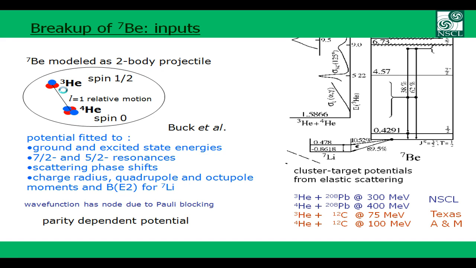As I pointed out, typically the cluster target optical potentials are taken from elastic scattering. And very often they may not be available for the case you're interested in, and so you then have to make informed choices of what you're going to do. I need an optical potential for, let's say, something odd, carbon-21 on lead-208.